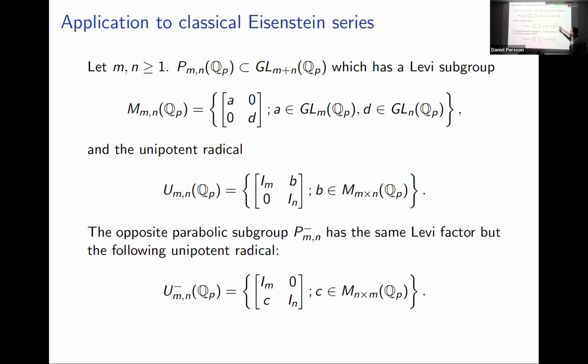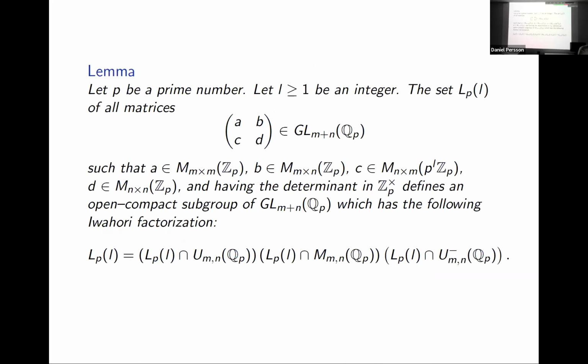So we fix a finite place p, and we recall all these matrices appearing here. The only new thing is the unipotent radical of the opposite parabolic itself. Okay, then what do we do? We are going to construct an open compact subgroup L_p of L for a certain image. So this is just in Z_p, in Z_p, in Z_p, and just p in a little bit more.